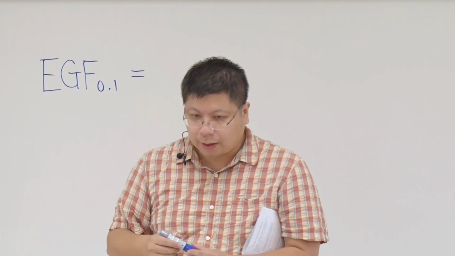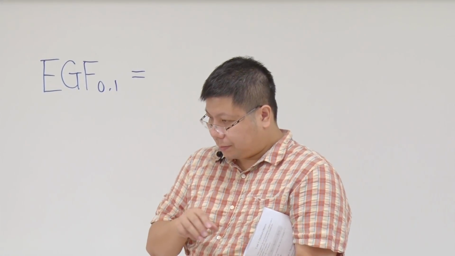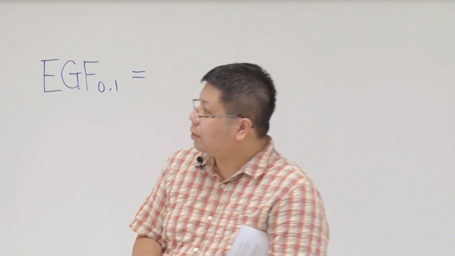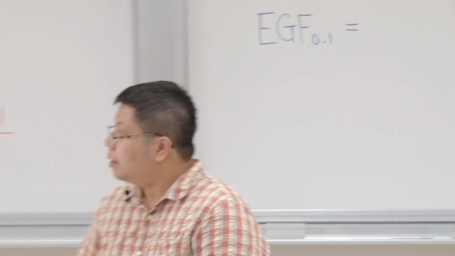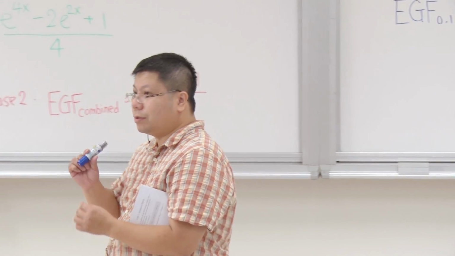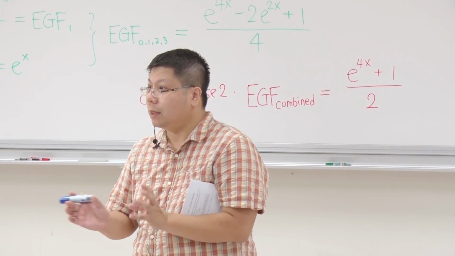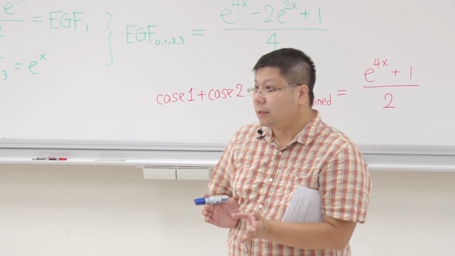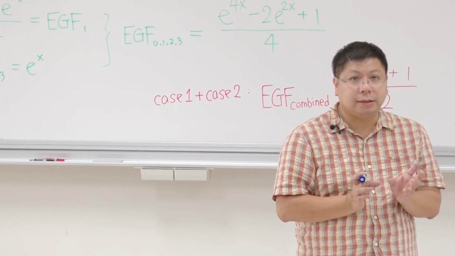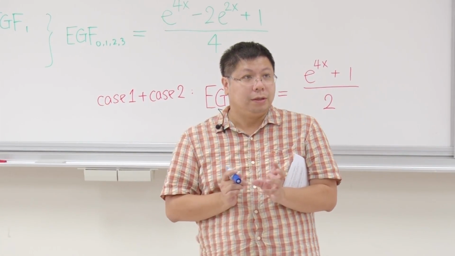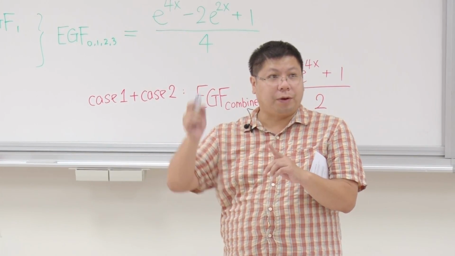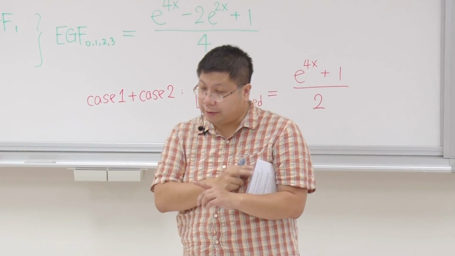This time I can use 0 or 1 in any way. And what we are interested in is also the permutation. 0, 1 is different from 1, 0. The permutation is different.